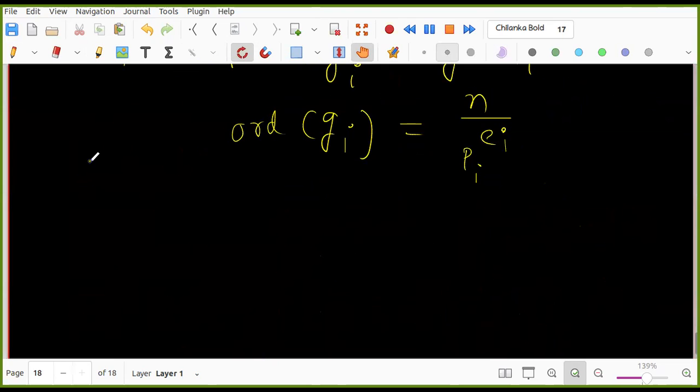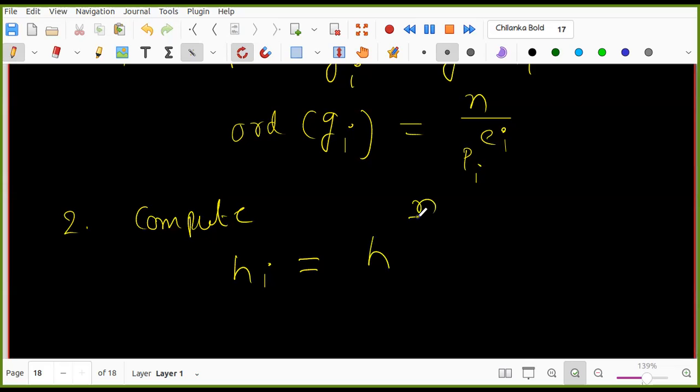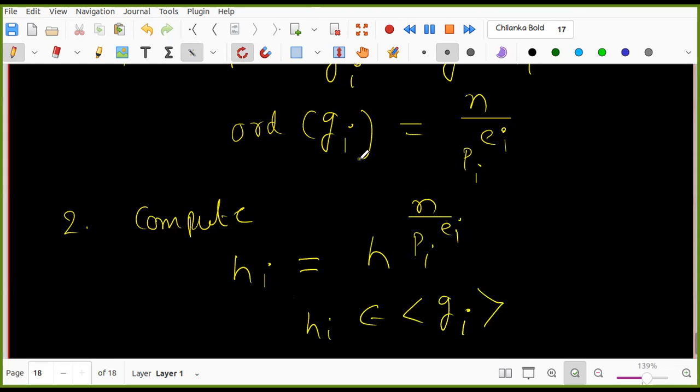You will understand what I'm doing in just a while. Now compute h_i equal to h power n by p_i power e_i, again. Now you can easily see that this h_i belongs to the subgroup generated by g_i.